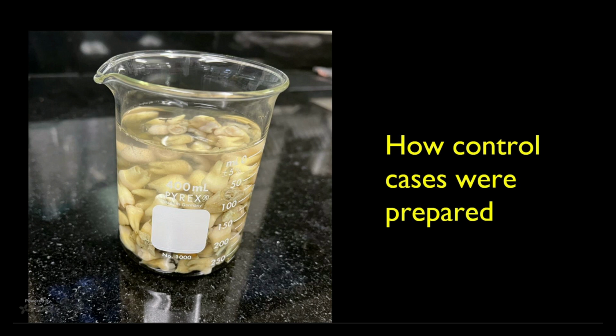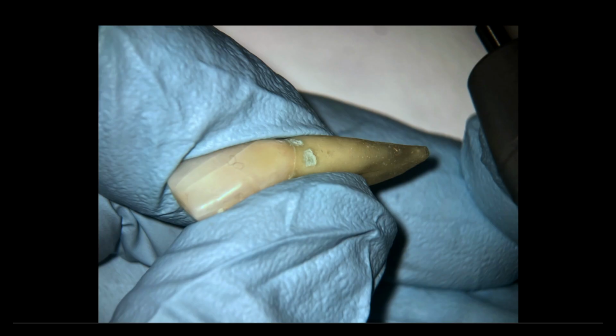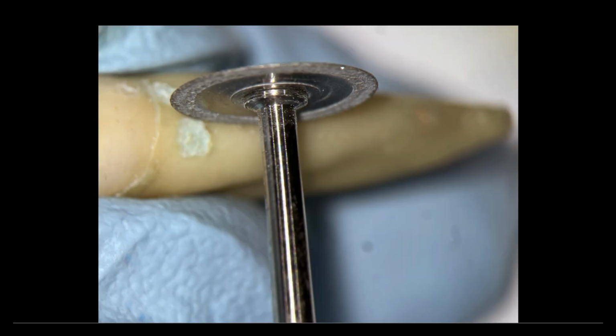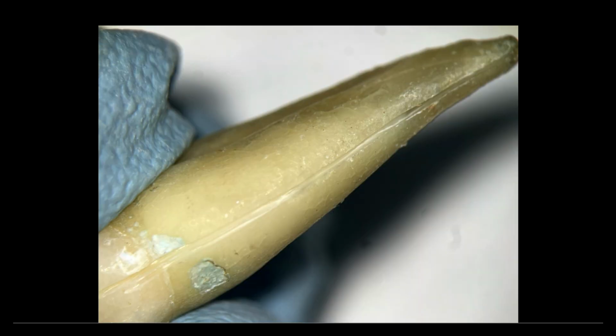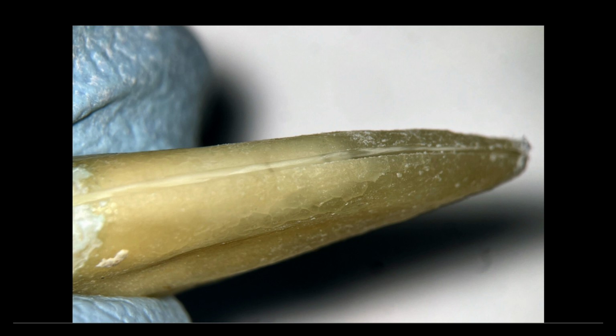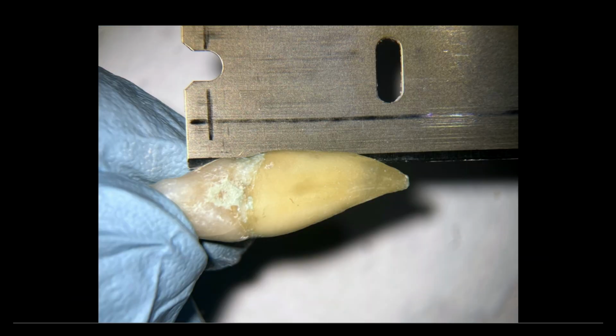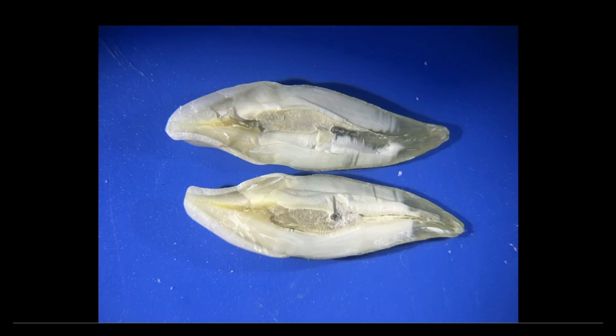So this is how the control cases were prepared. We were able to use teeth and jar cases for those. Basically we took extracted teeth, took a diamond disc, split the tooth buccally and lingually with a groove, and then split the case with a razor blade into 2 halves.